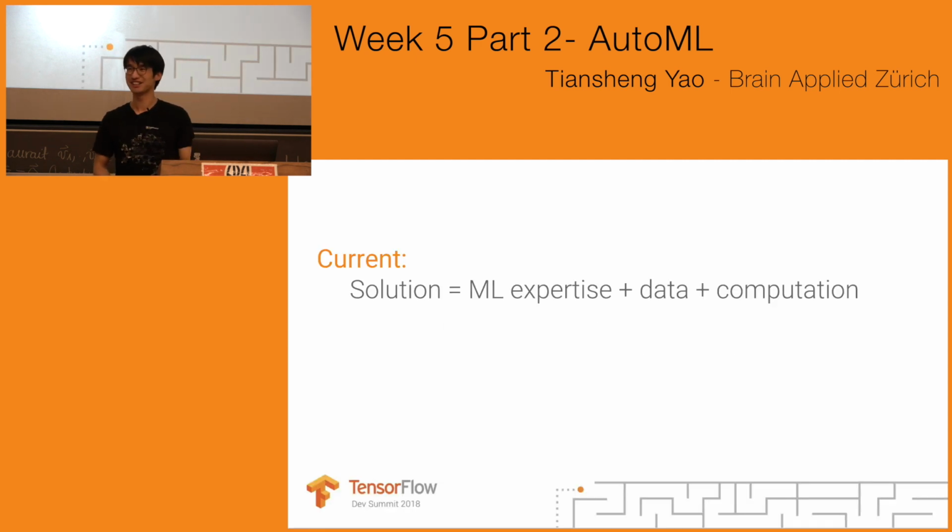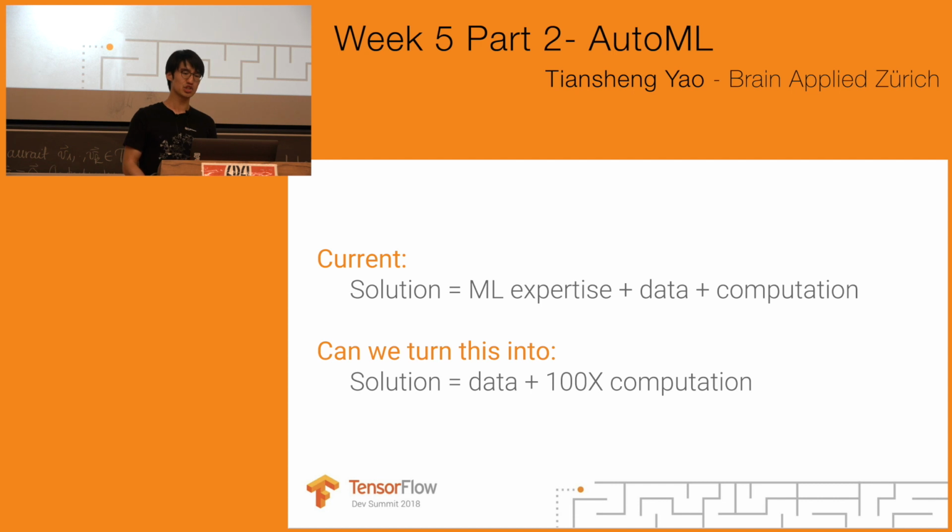So that was a lot of words on how complex it currently is to develop an ML solution. Currently, an ML solution is ML expertise, knowing the different pieces of the ingredients, plus the data and computation. So the problem is, can we turn this into solution equals data plus 100 times computation? Think about the case where computation would only get cheaper and cheaper in the future.